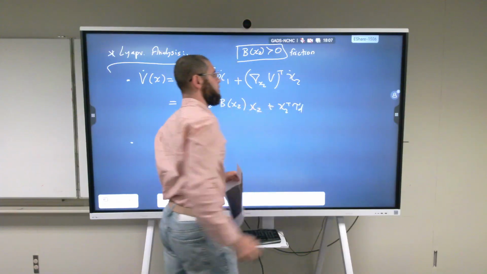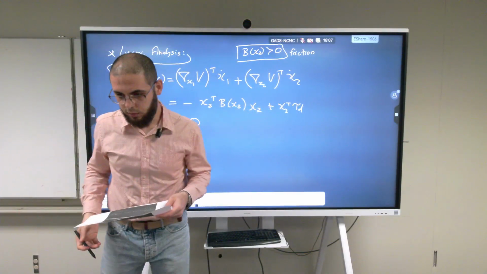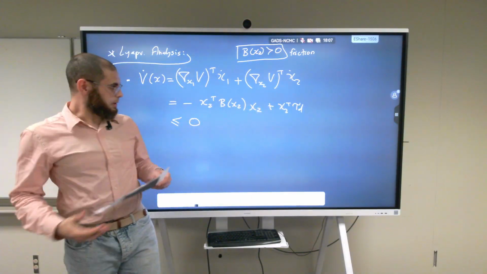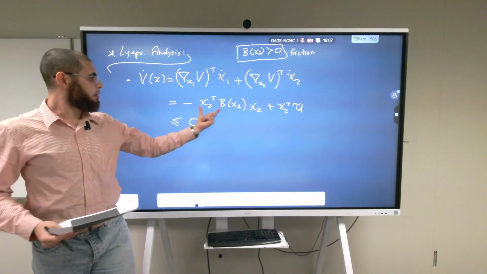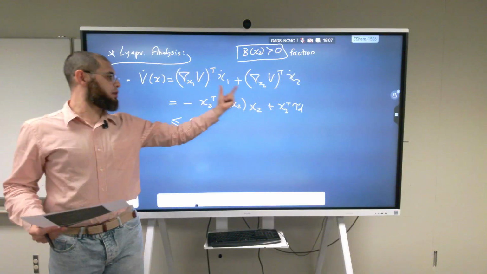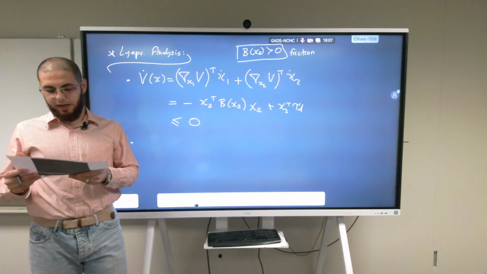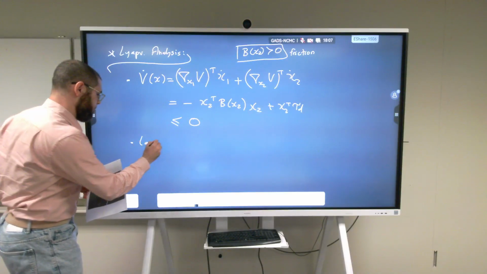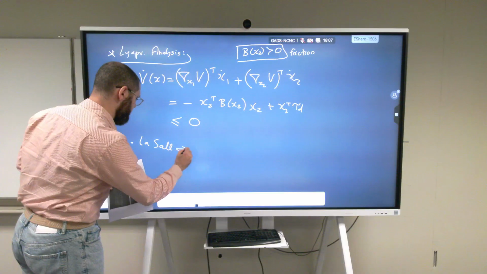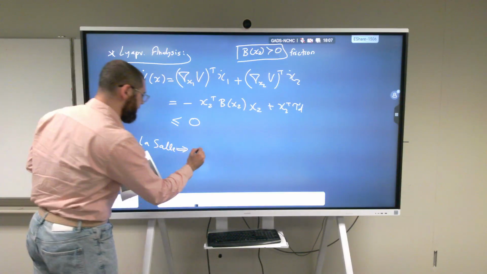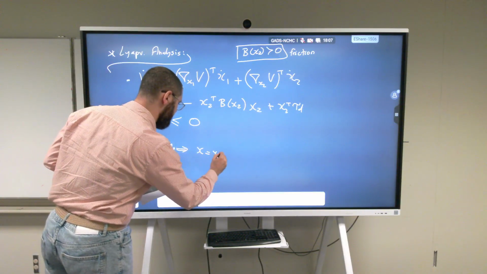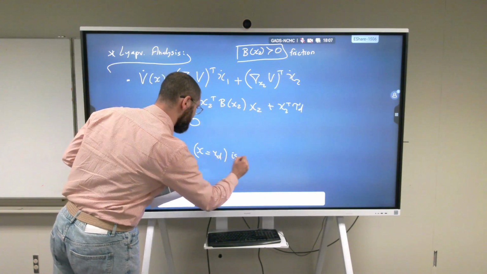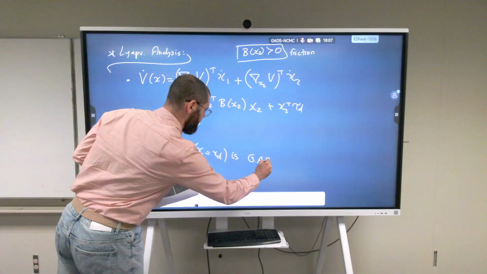Okay, it's because it's physical, and thus you see here I'm always guaranteed to have this term negative semi-definite, and then with LaSalle you can actually show that x equal x desired is globally asymptotically stable.